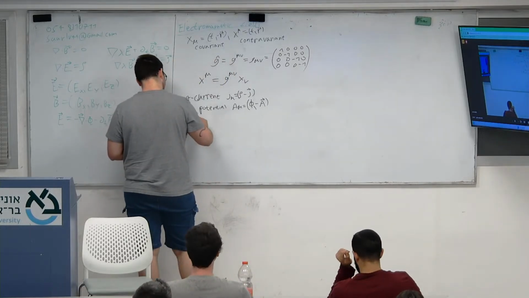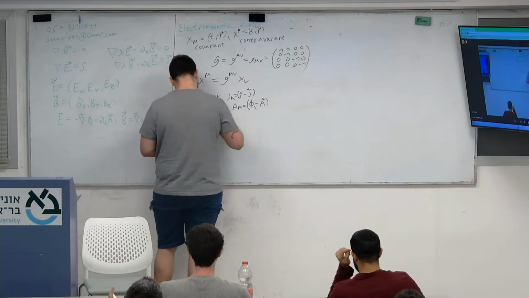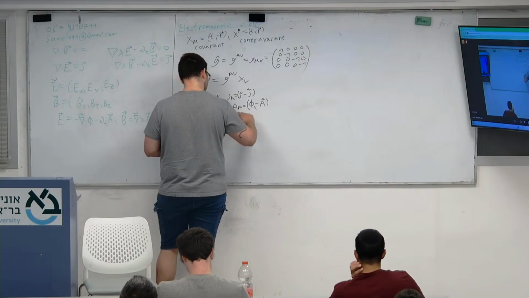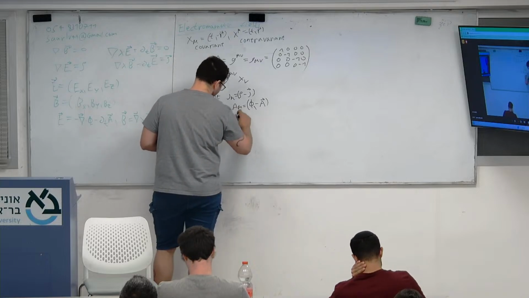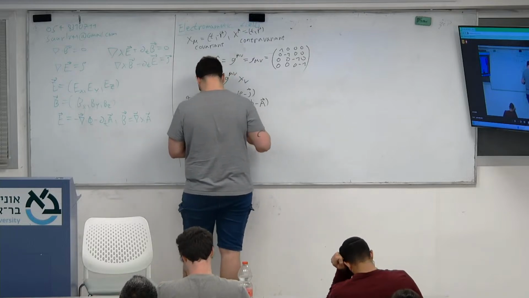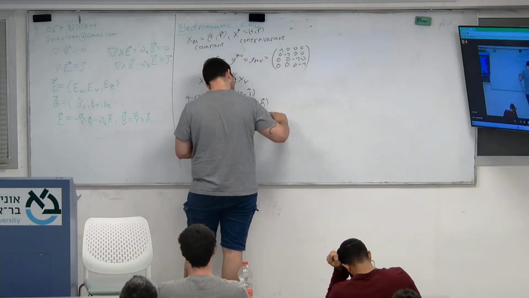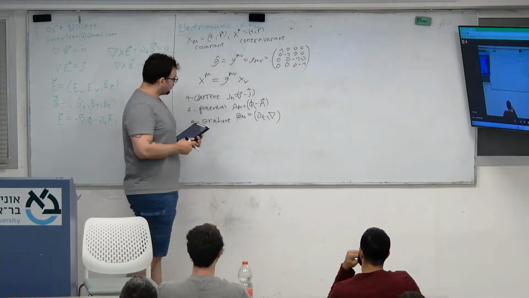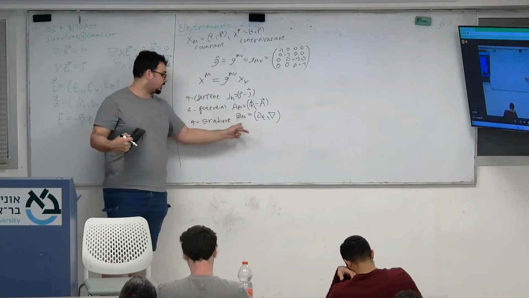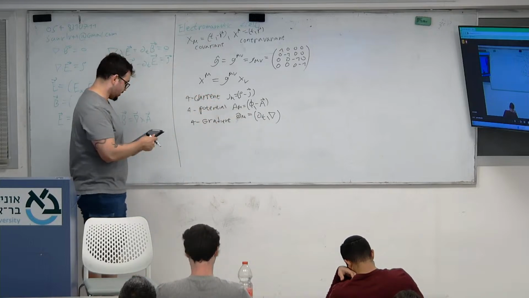And the 4-gradient, partial mu, equals partial t, gradient. Notice that in relativistic convention, the covariant gradient doesn't have a minus. The sign is flipped relative to the gradient itself.